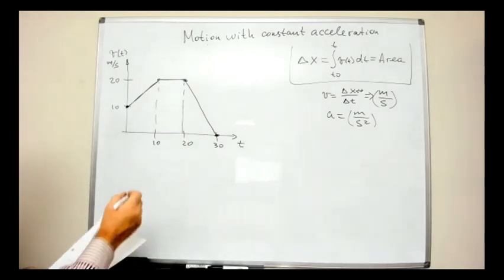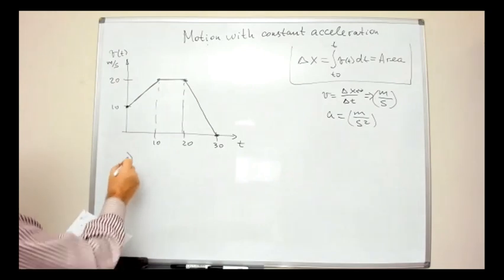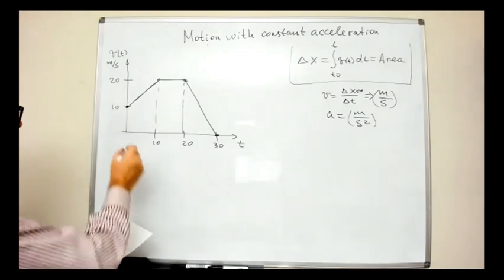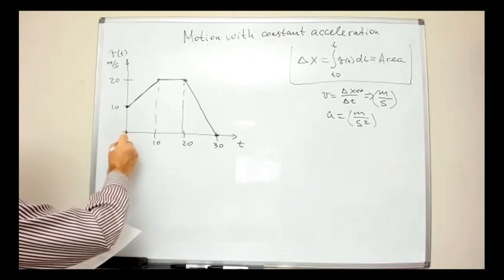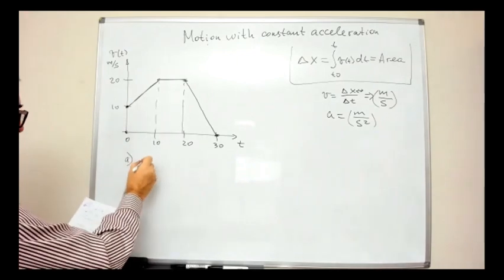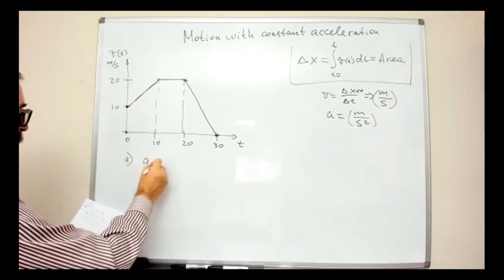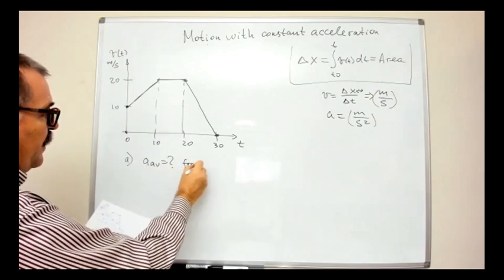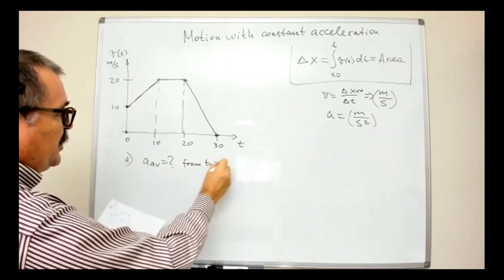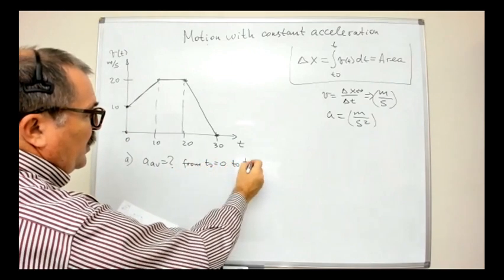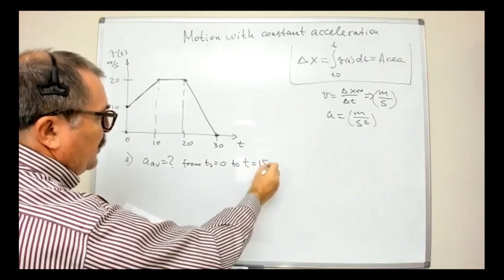Our first question, A: what is the average acceleration of the object between time 0 and 15 seconds? What is the average acceleration from t equals 0 to t equals 15 seconds?